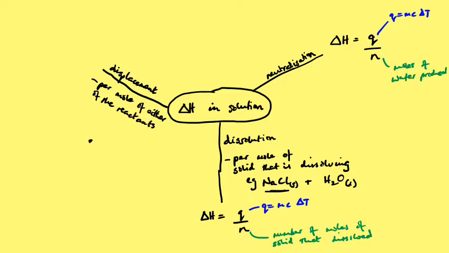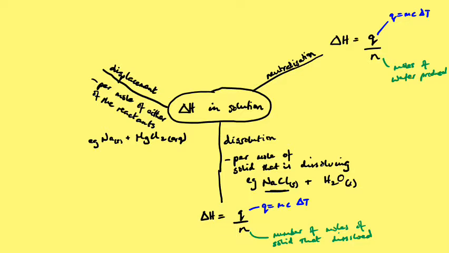So if, for example, you were dissolving some sodium as a solid in some magnesium chloride solution, the question would specify per mole of either sodium solid or per mole of magnesium chloride solution.